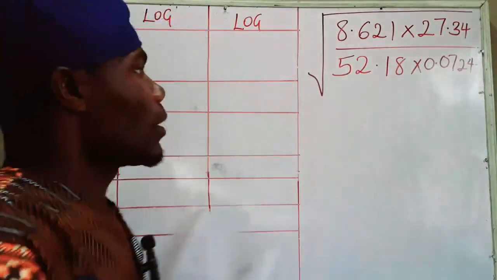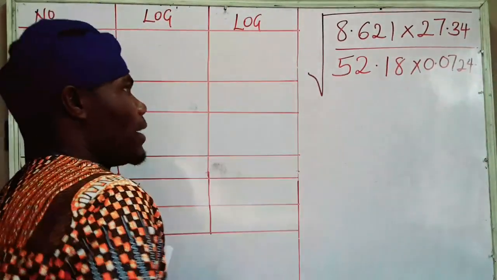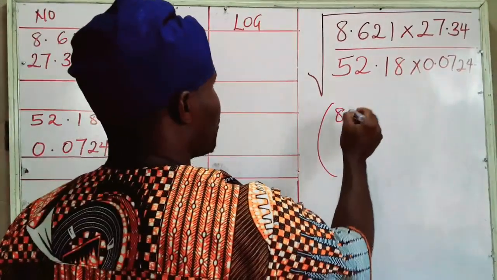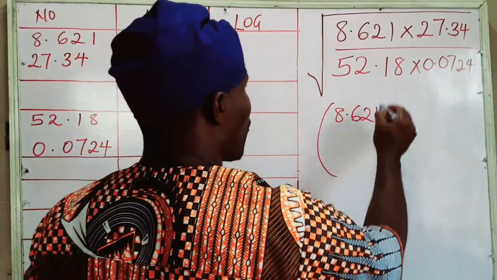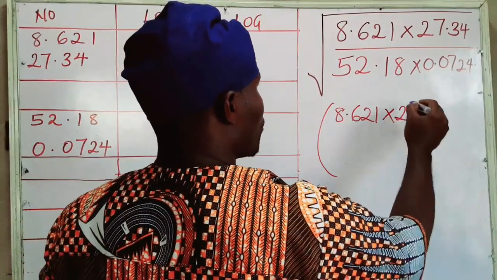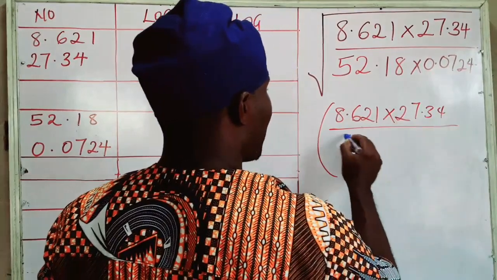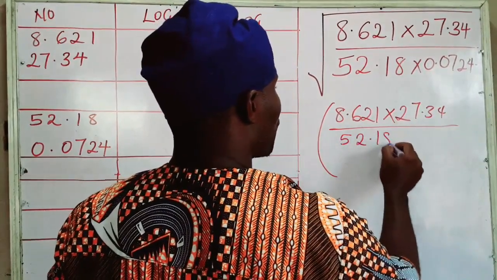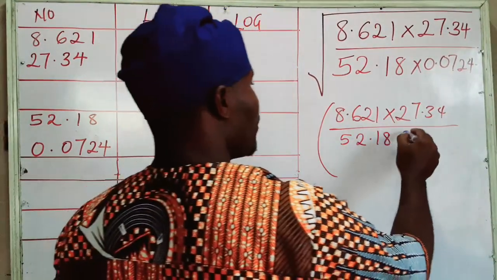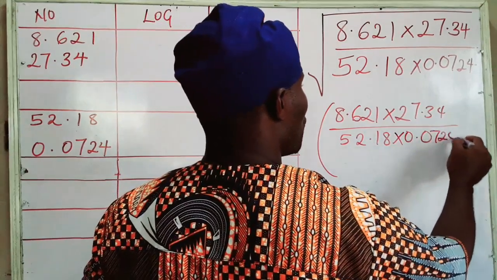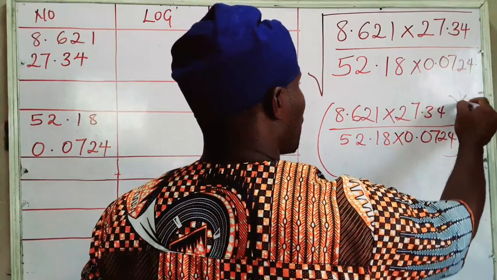0.0724. In writing the question, we have something like 8.621 times 27.34 all divided by 52.18 times 0.0724, all raised to power half.